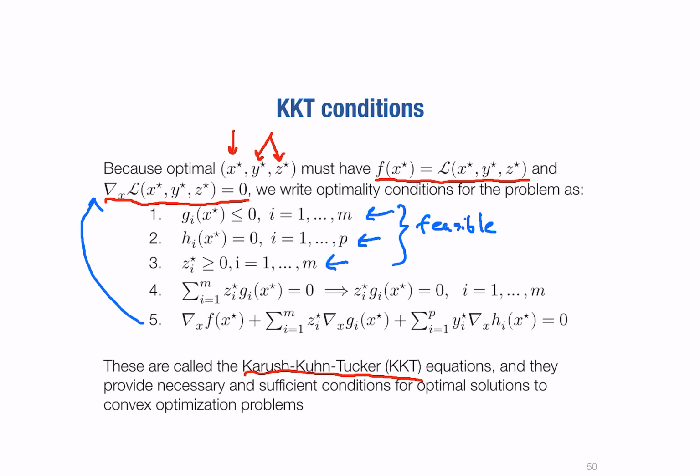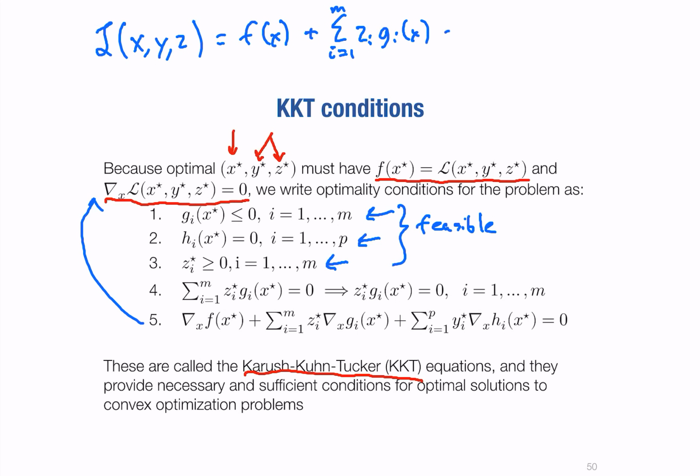So if I take my Lagrangian, thinking about both the fourth and fifth conditions, and write it as f of x plus the sum from i equals 1 to m of zi gi of x plus the sum from i equals 1 to p of yi hi of x, the gradient of this whole thing is just equal to this thing.